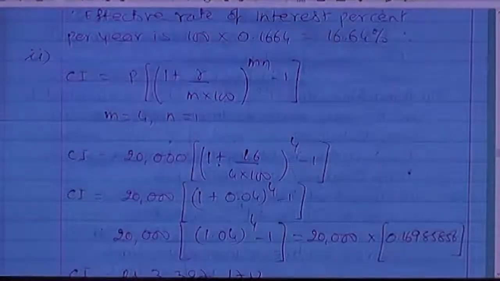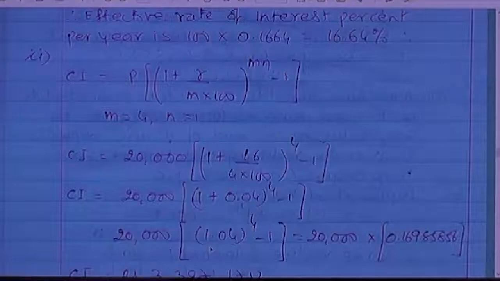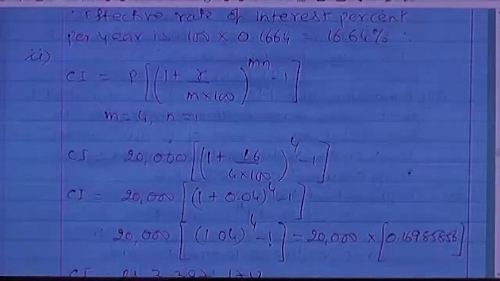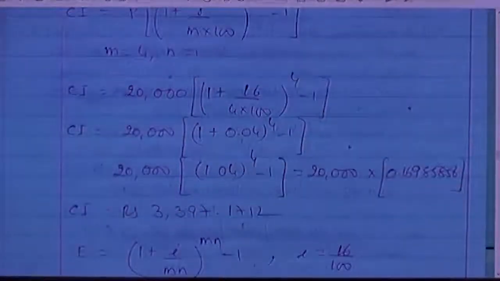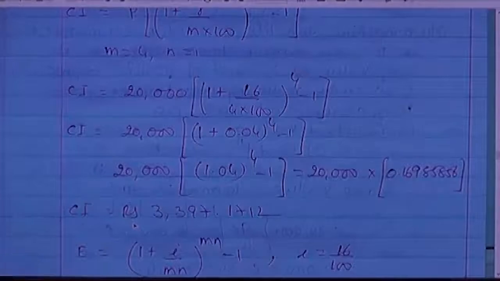When you simplify 1 plus 16 upon 4 into 100, you get 1 plus 0.04 and the power is 4 minus 1. So 20,000 times 1.04 raised to 4 minus 1, which gives us 20,000 into 0.16985856.